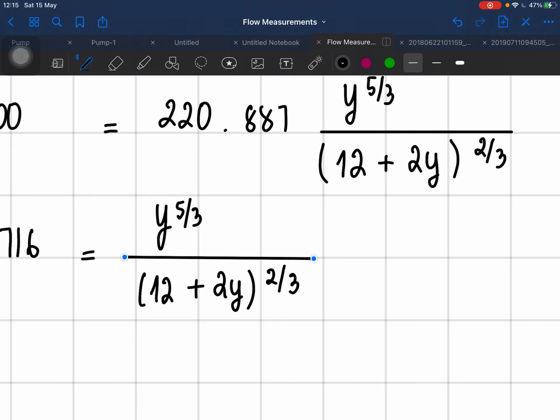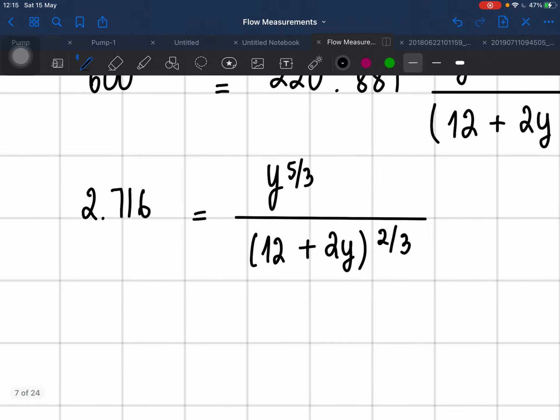Okay, so now I can finally use the solver. 2.716 alpha cal, alpha x to the power of 5 over 3, and down here we have 12 plus 2 alpha x, bracket power 2 over 3.